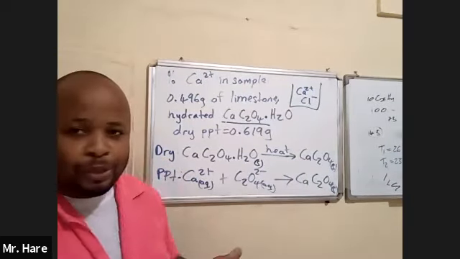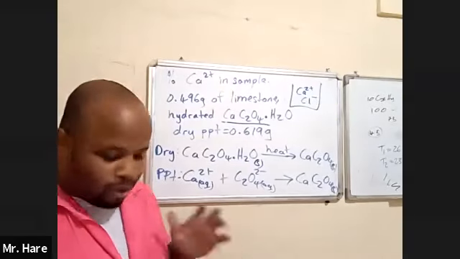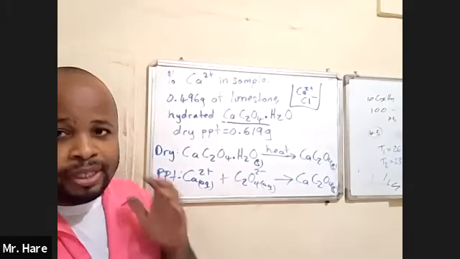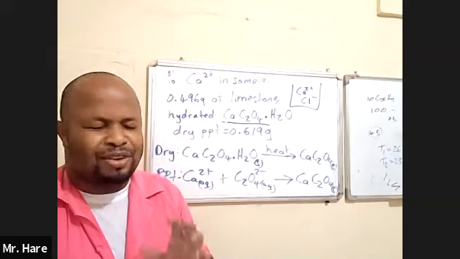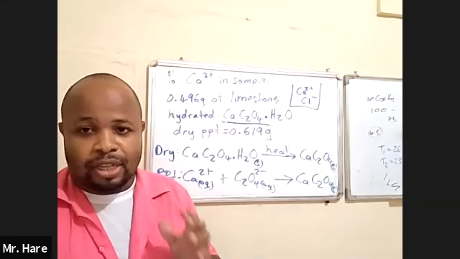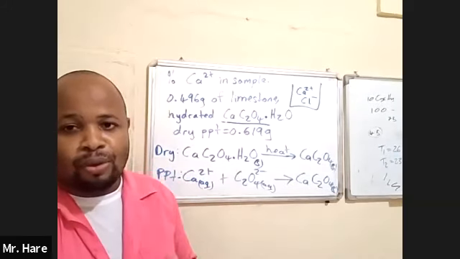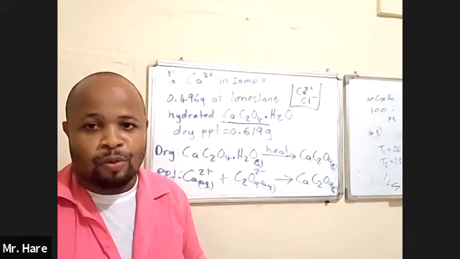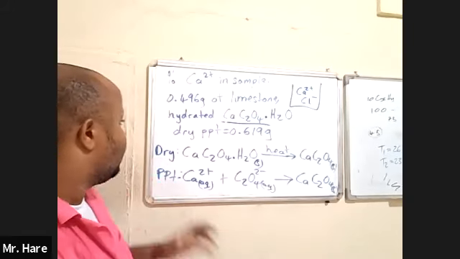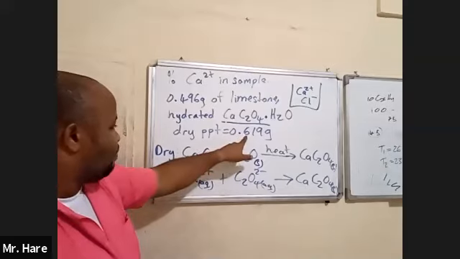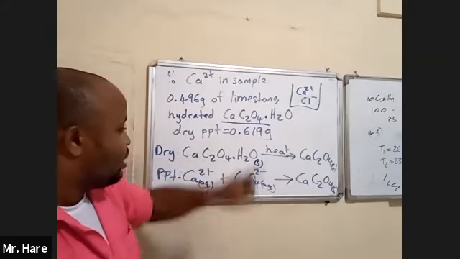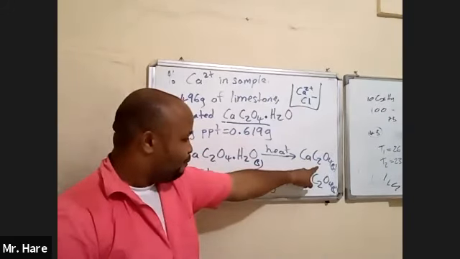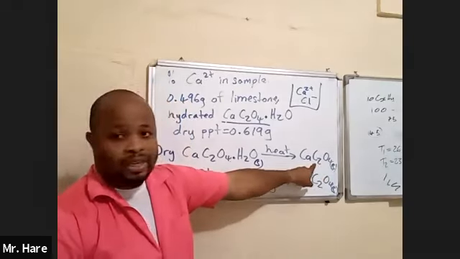Remember, for gravimetry, the first calculation, we are going to calculate the moles of our precipitate. They gave us the mass of the precipitate. This is the formula of your precipitate.